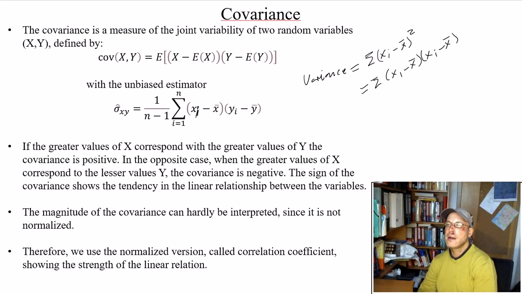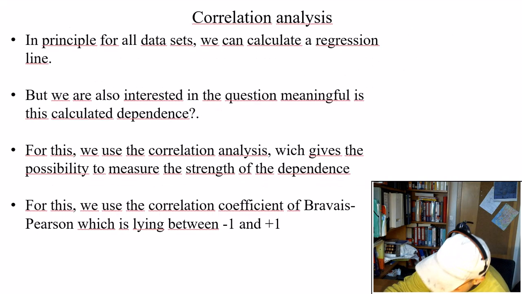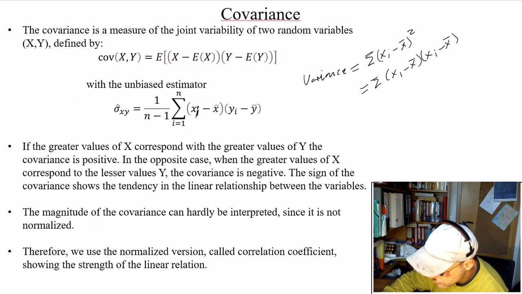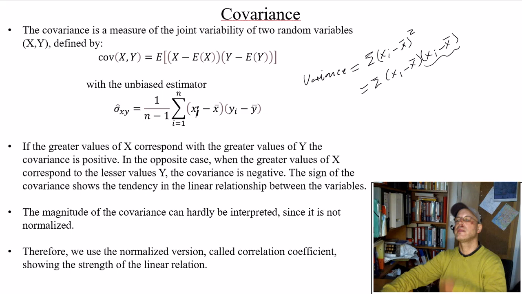And what we are now only interchanging is that in this second part from the variance, we switch from x to y, and then we come to the so-called covariance.